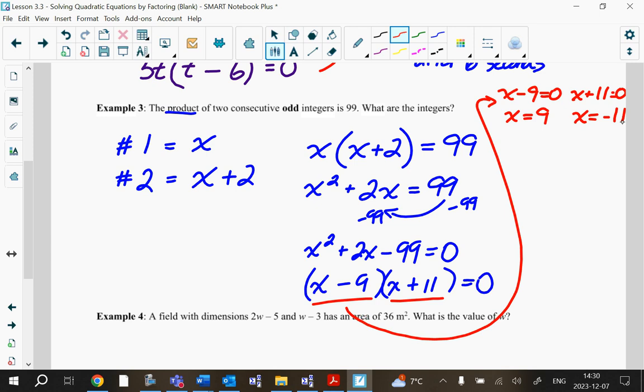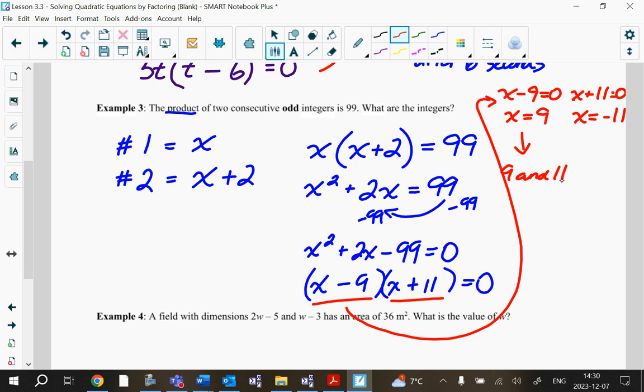So one possible answer is the numbers are 9 and what? 9 plus 2, which is 11. So the numbers are 9 and 11, because those are consecutive odd numbers, and they multiply to get 99.